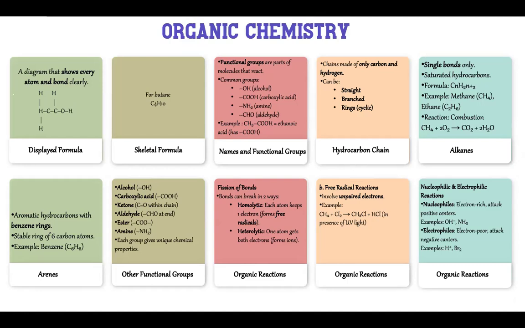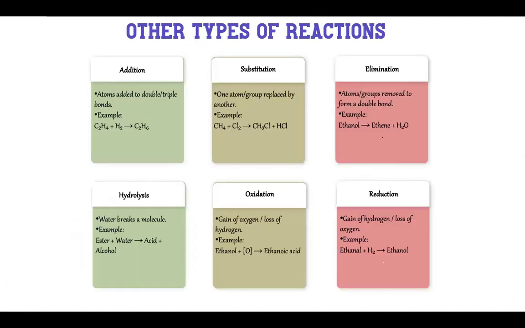And we have examples here, OH- and NH3. And then we have the electrophiles. Example is H+ and Br2. Electrophiles are electron poor and attack negative centers.